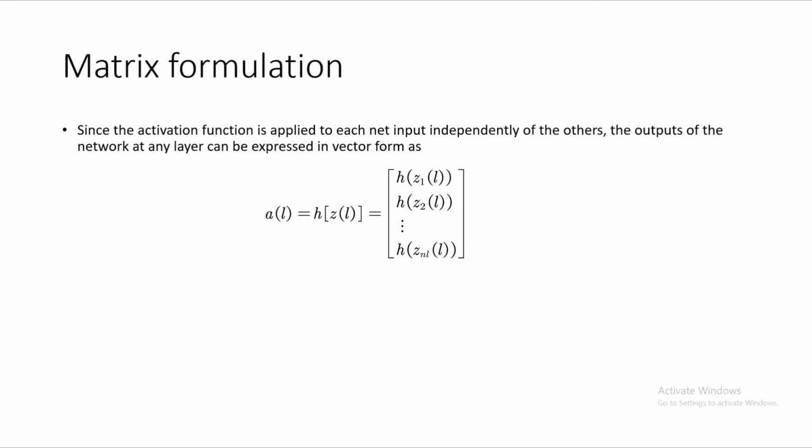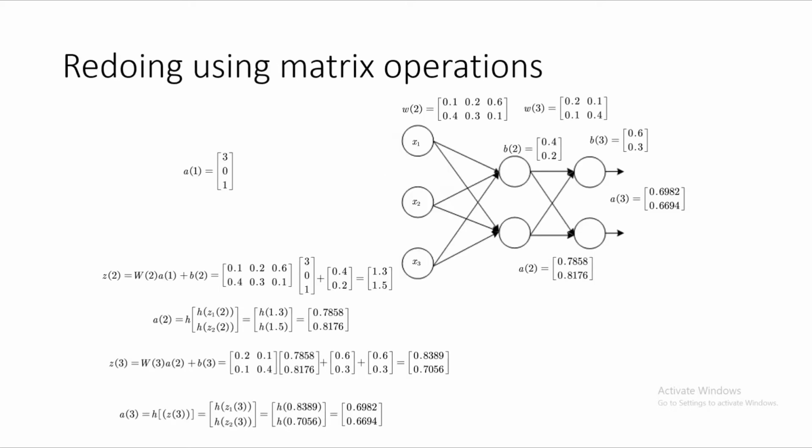So the outputs of the network at any layer can be expressed in vector form. Once we get this AL, we can repeatedly perform this matrix operation. The same thing that we did before can be performed using this matrix formulation. Here we estimate Z2, Z3 and A3. This Z2 is the net input.